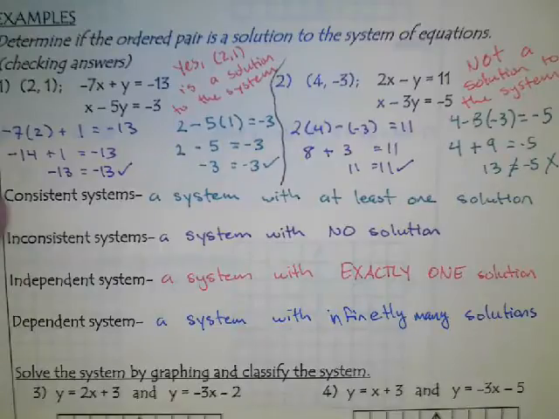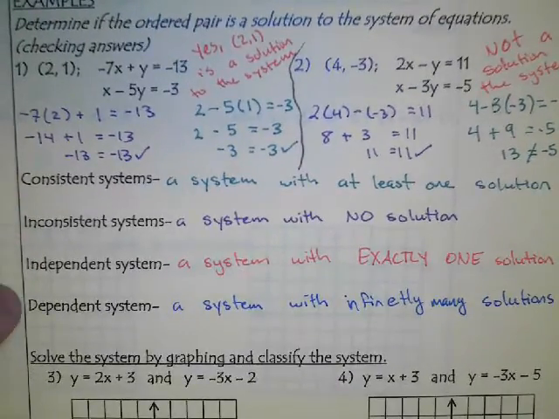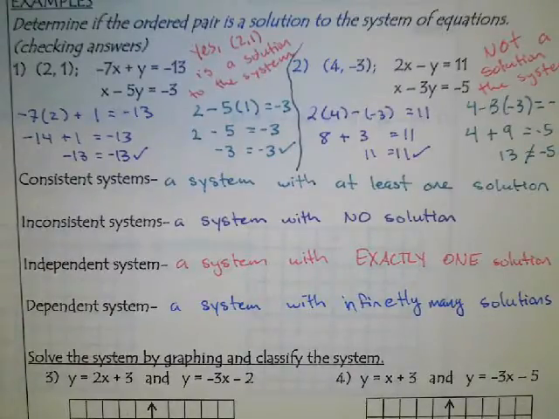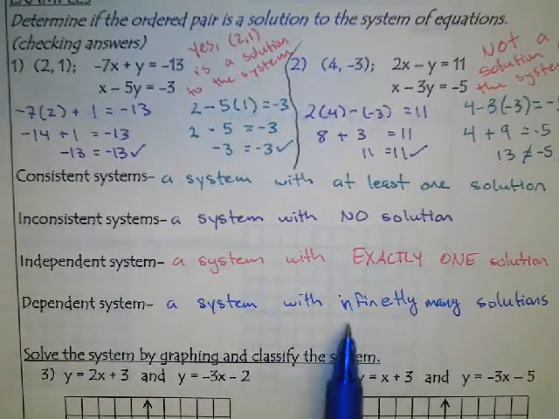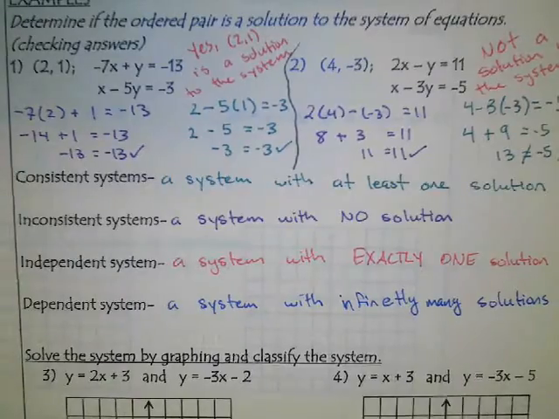So if it's a consistent system, it can be independent or dependent. But an inconsistent system cannot be either one, because independent, dependent is implying that there is some kind of solution.